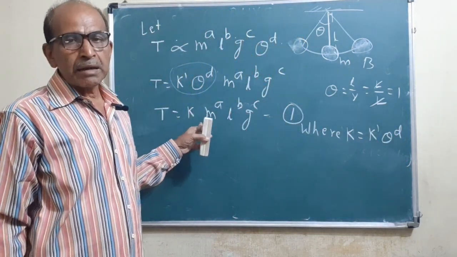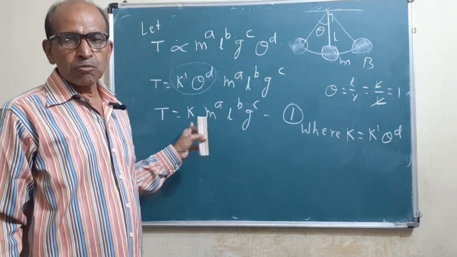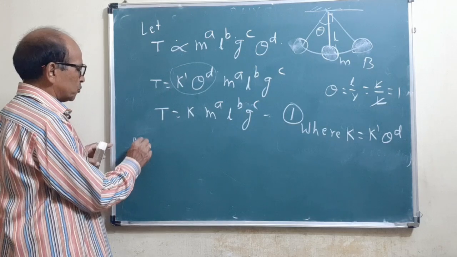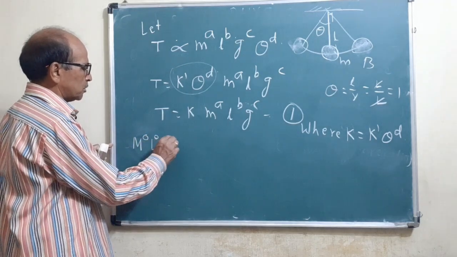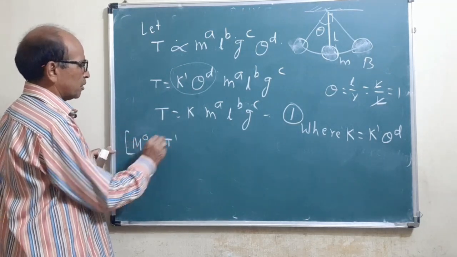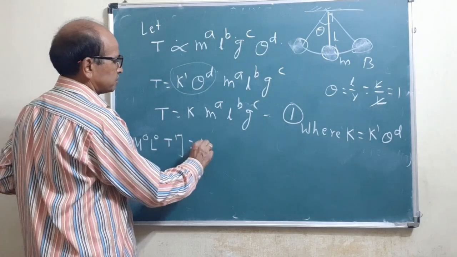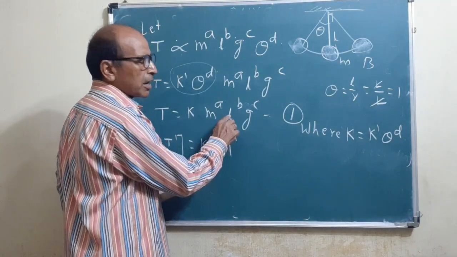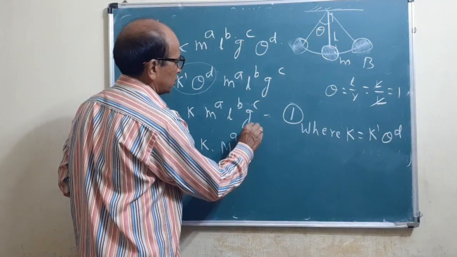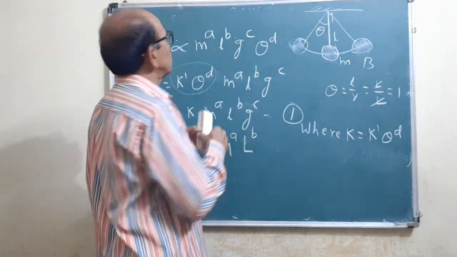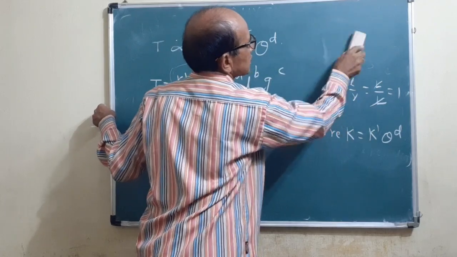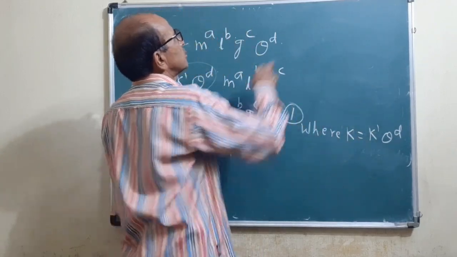After that, writing the dimensional formula on both sides. On both sides we can write the dimensional formula. So here M to the power 0, L to the power 0, T to the power 1. Here k, M to the power a, length L to the power b, and here acceleration due to gravity.